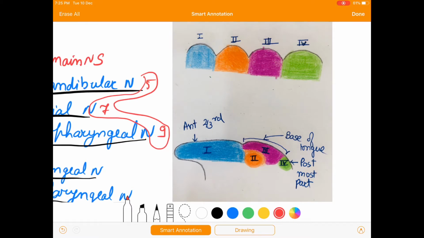In this figure we have the first, second, third and fourth arch. The first arch gives rise to the anterior 2/3 of the tongue, this part.